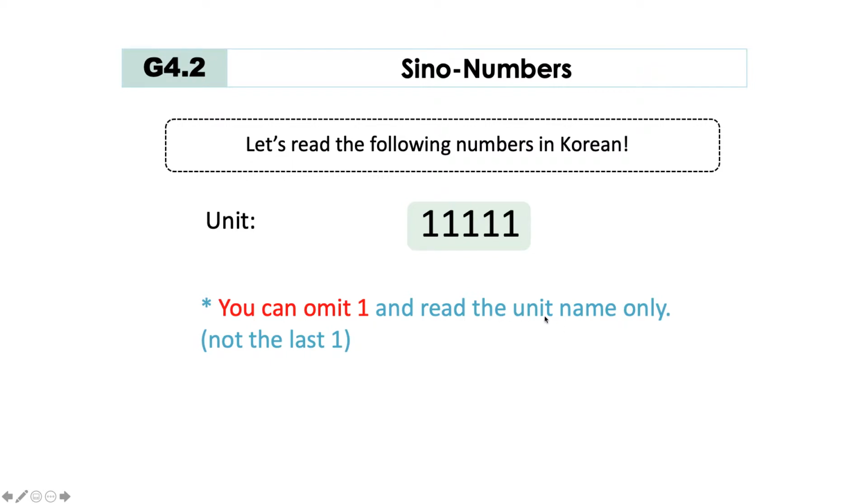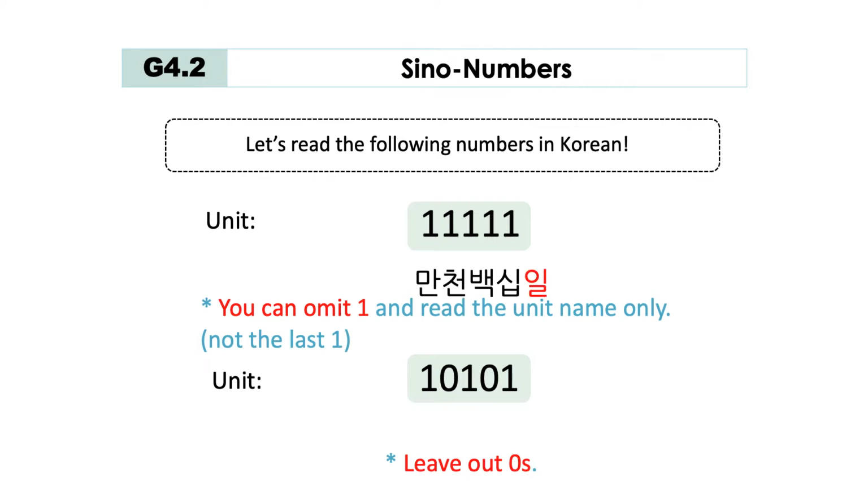So you just use unit name only, right? What about this? You can leave out zeros. So I'm just going to read it as 11,101. So 11,111 for the first one, and the second one is 11,101, because you can leave out the zeros.